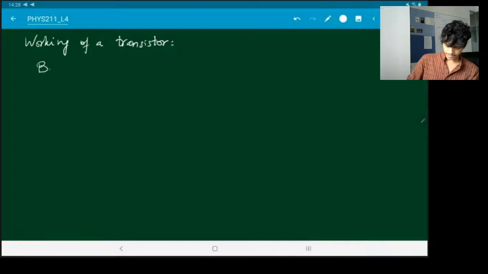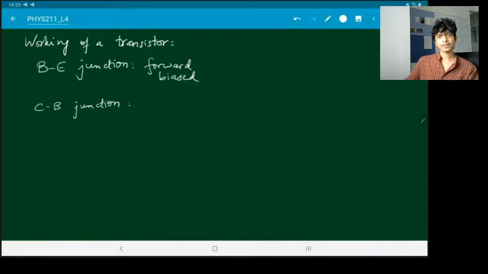So the base emitter junction is always forward biased. But if you look at the collector base junction, here you want the minority carriers from the base to flow into the collector. So this junction must always be reverse biased. This is also something that you have seen in some detail in your 12th standard.